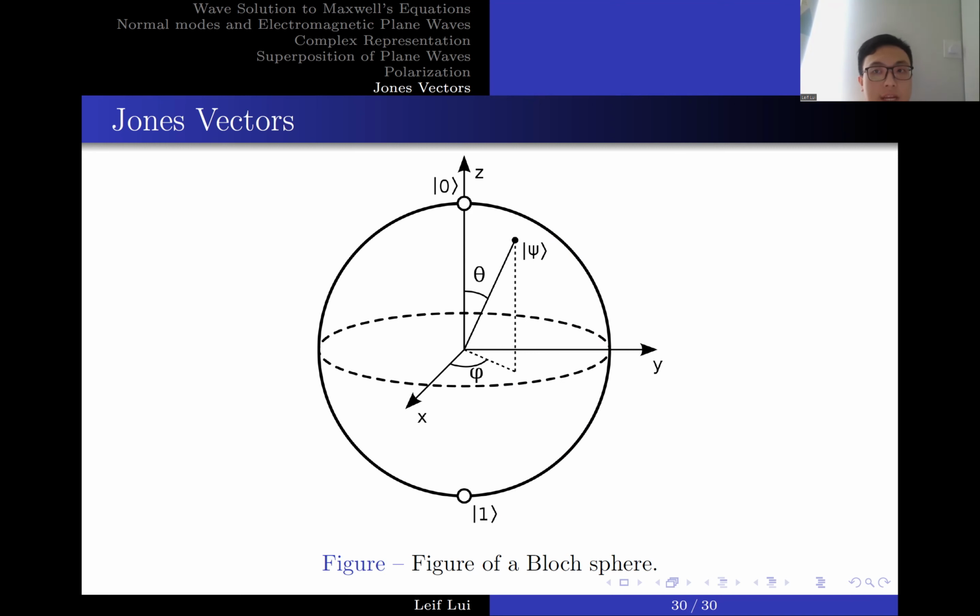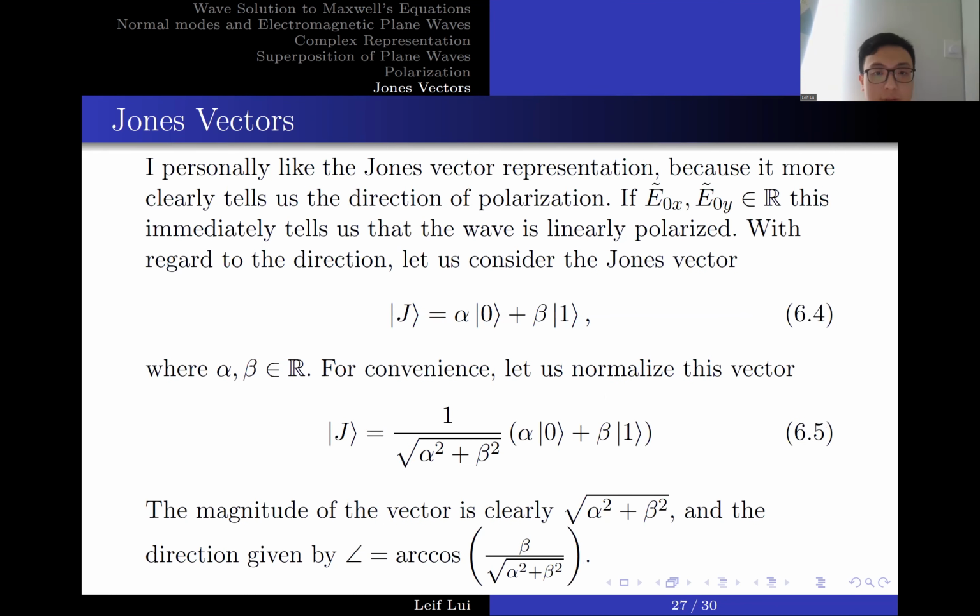So I realized that this is very similar: any Jones vector can be represented on a Bloch sphere. Let's look at one of the equations, right? Let's say that the Jones vector looks like this. If we normalize it, the magnitude will always be a unit vector, but it would just be vectors pointing in different directions.